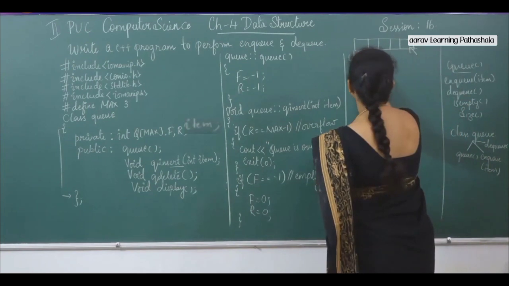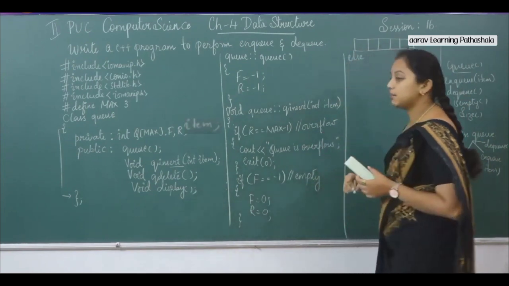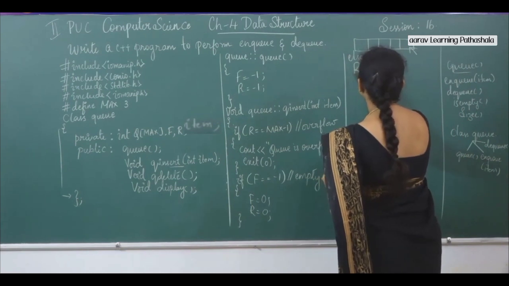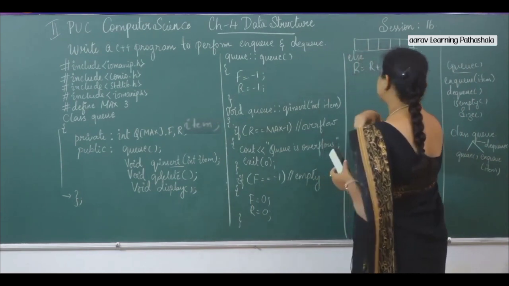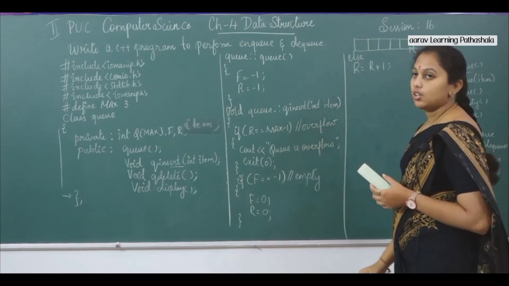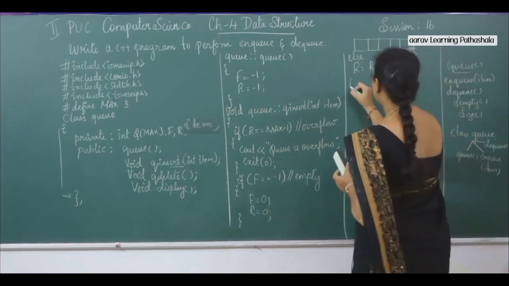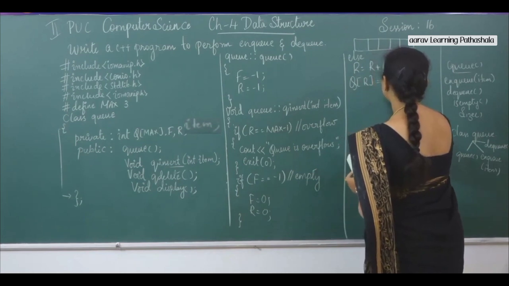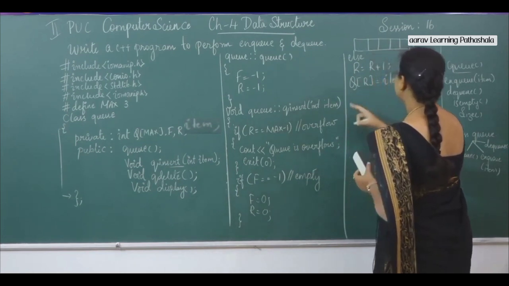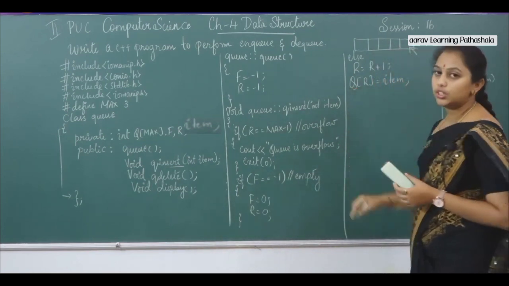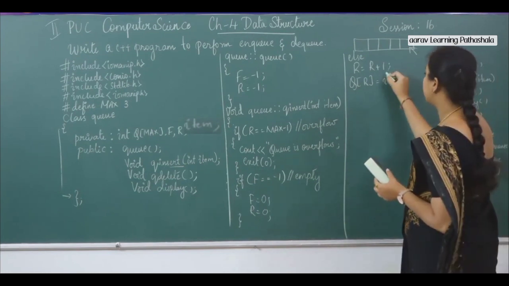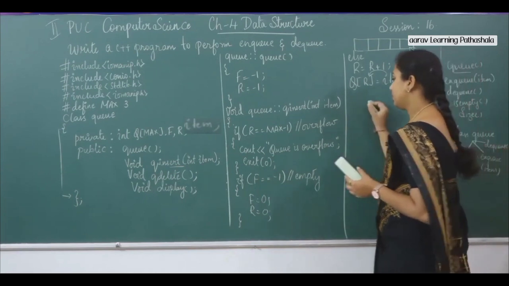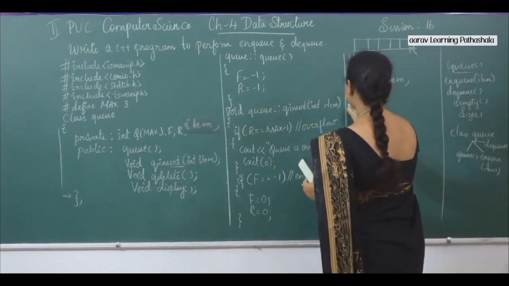If this condition is false, we have to increment the rear pointer: R is equal to R plus 1. So we are inserting an item to the rear end of the queue, that is queue of rear is equal to item. We are inserting an item into the rear end of the queue. So close this function.